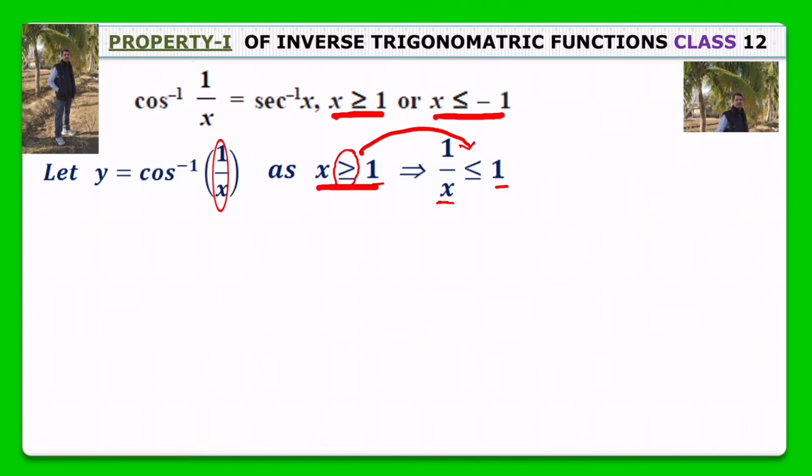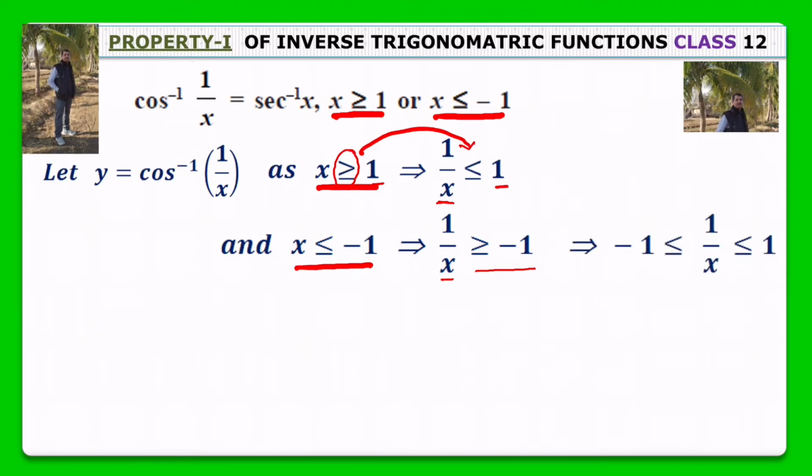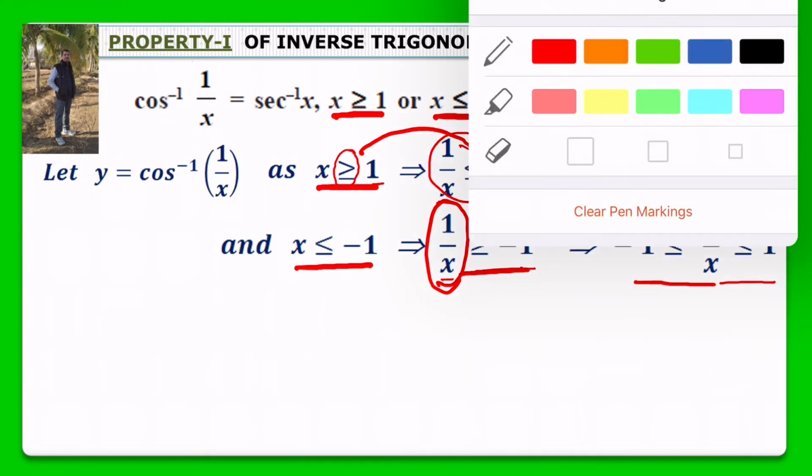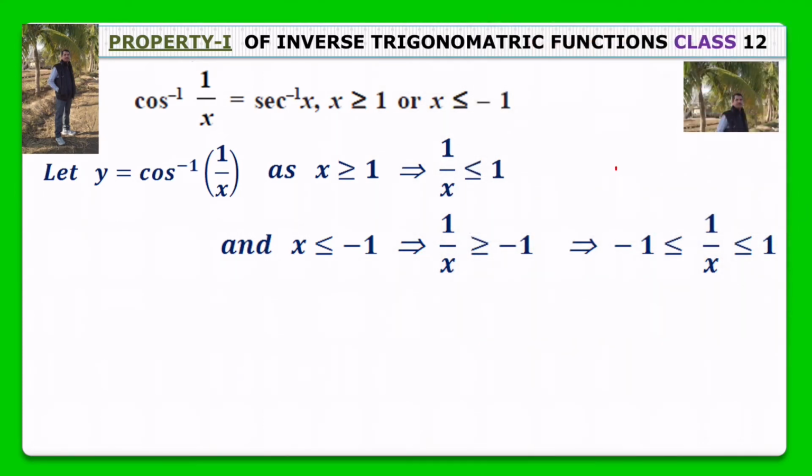Now consider the next part, when the value of x is -1 से कम हो या फिर उसके इक्वल, यानी x is less than equal to -1. It implies when we take the reciprocal of both sides then we get 1 upon x will be greater than equal to -1, यानी वो -1 से बड़ा होगा. And the combined part of these two is nothing but the value of 1 upon x is greater than equal to -1, and 1 upon x is less than equal to 1. It means the value of 1 upon x belongs to -1 to 1.